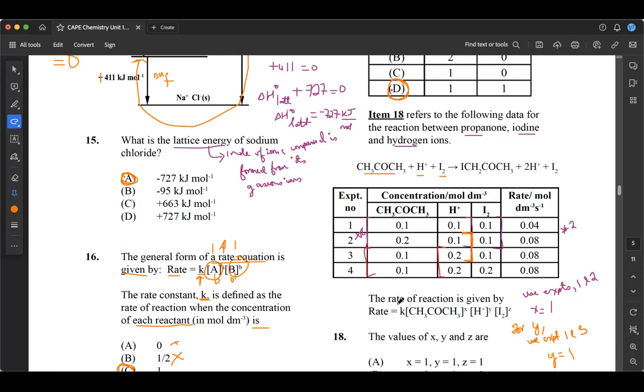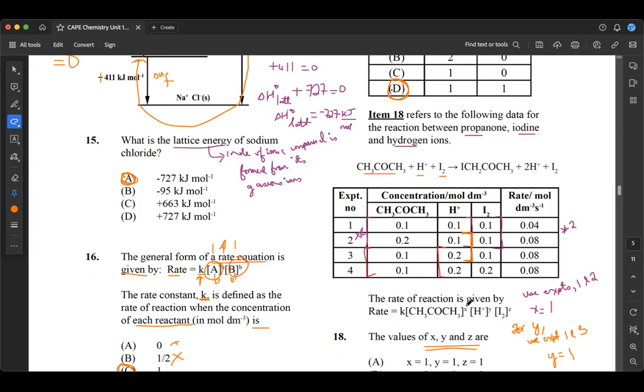So further down, it says that the rate of the reaction is given by rate equals the rate constant times the concentration of propanone raised to X times the concentration of H+ raised to Y times the concentration of I2 raised to Z. The values of X, Y, and Z are, so we have to find them.